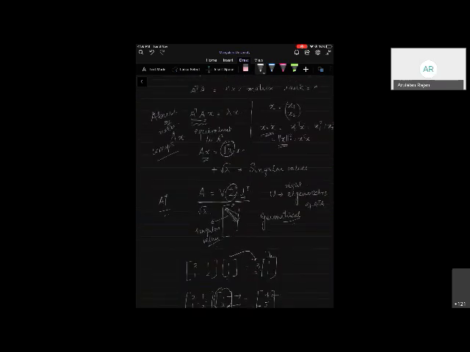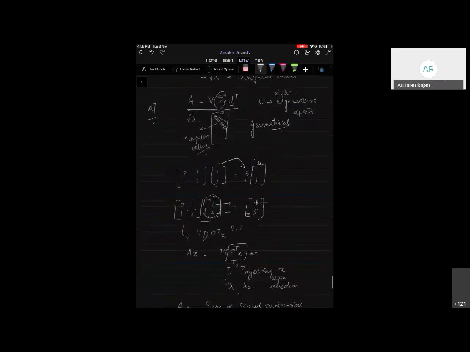Is this clear? Whereas this is meant for square matrices, SVD is meant for rectangular matrices, or for that matter any matrix M cross N. M could be equal to N also. So these two are equivalent: PDP transpose X or PDP inverse X, and your singular value decomposition, U sigma V transpose. These are in essence almost similar, in the sense that this has an inverse matrix and that has a transpose matrix.